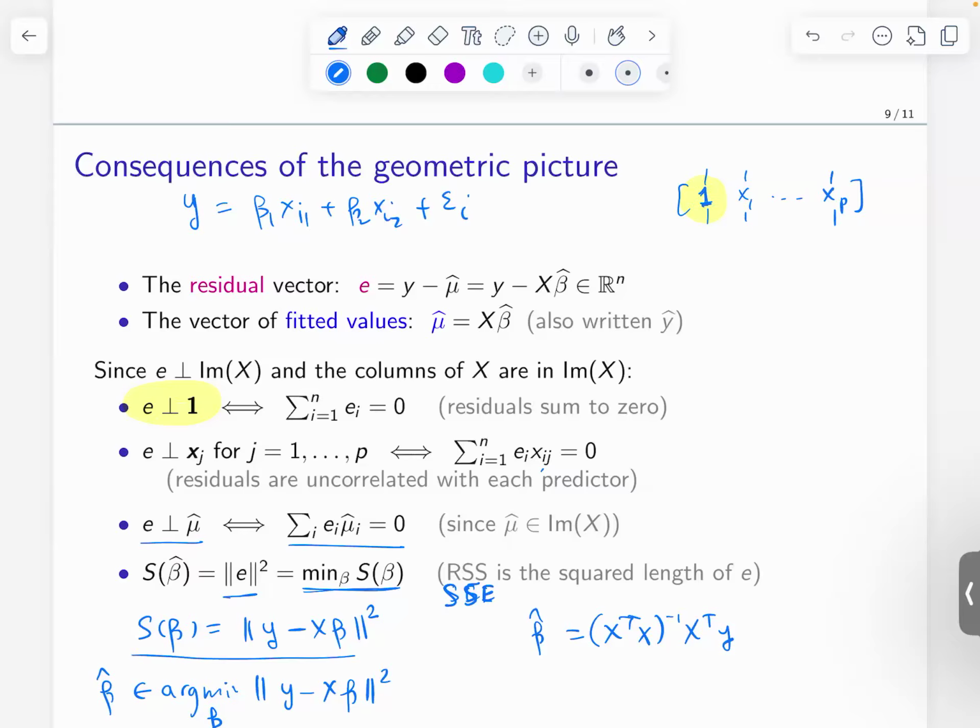There's no intercept, so when I write down the design matrix, there is no 1 in it, and there's no reason why this is true. But if I have included a vector of 1s, then once I fit the regression, the residual has to be orthogonal to it. This depends on whether you have the intercept in the model, and it should be clear from the geometric picture. The residual is only guaranteed to be orthogonal to the columns of X. If there's no column of 1s, there's no reason why this has to be true. And then the rest should follow.